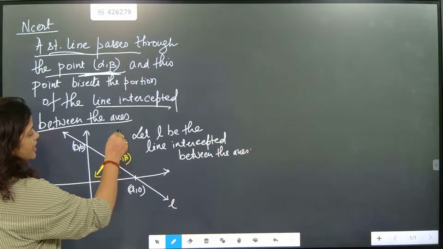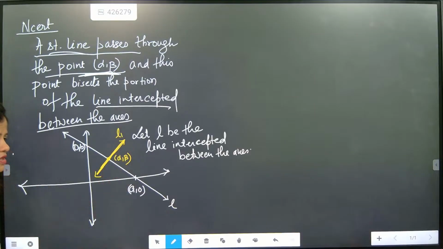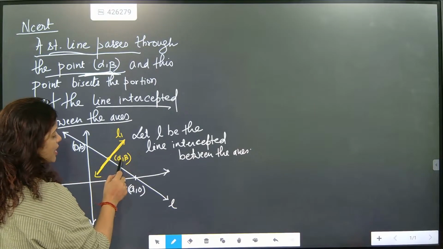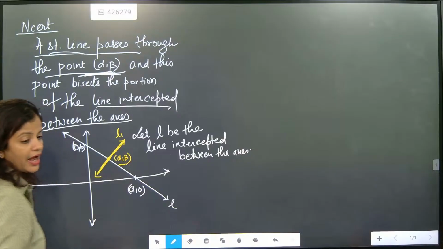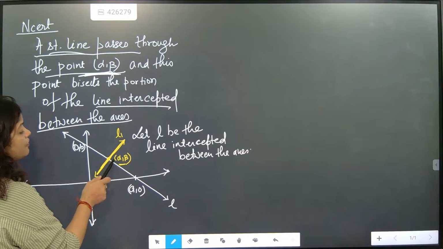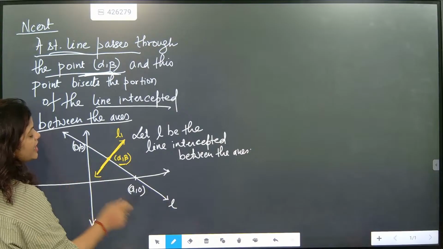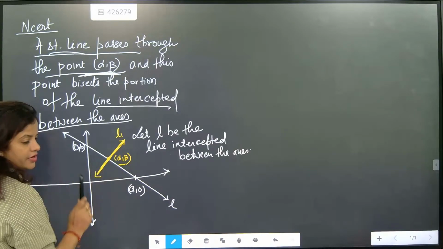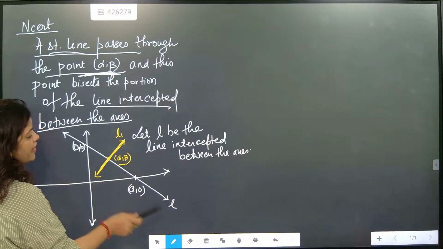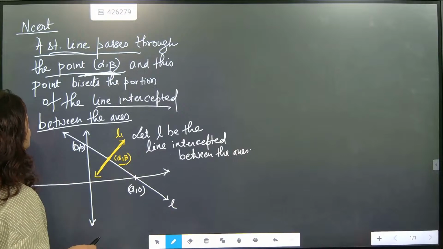Let this straight line be L1, passing through the point alpha comma beta. And what is alpha comma beta? Alpha comma beta is that point which divides this line L into equal portions. Understood?